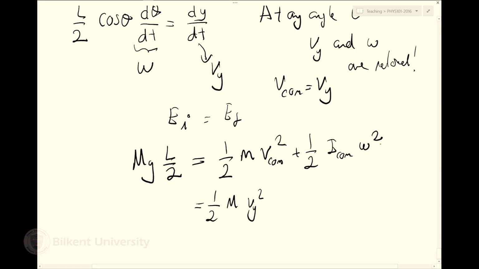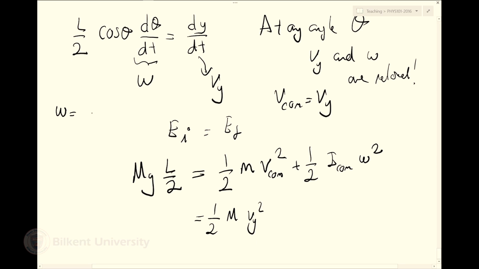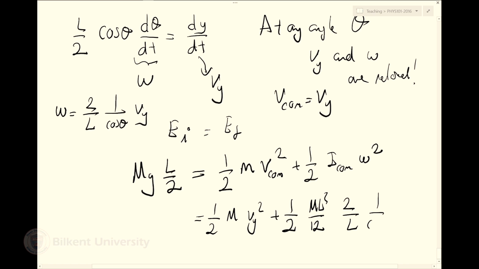And the nice thing is also for omega, I actually know the relationship between omega and Vy. Omega is apparently 2 over L, 1 over cosine theta, times Vy. So I can actually write this for 1/2 I center of mass, which is mL squared over 12, and omega is 2 over L, 1 over cosine theta, Vy, squared.